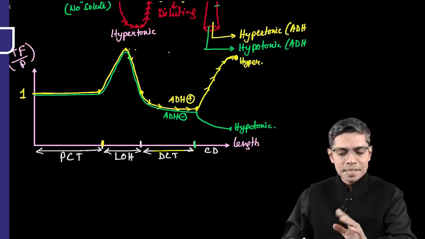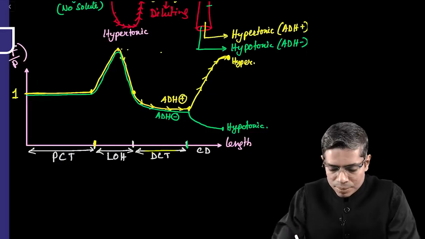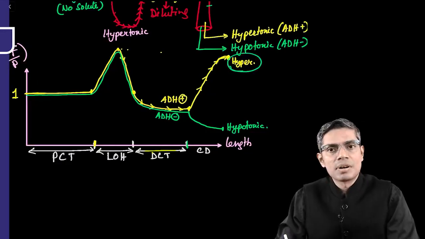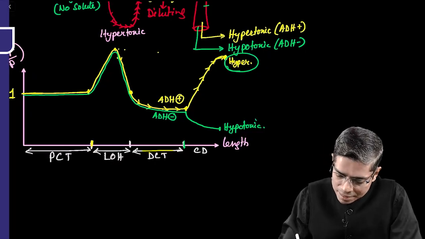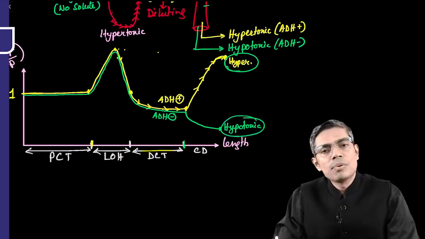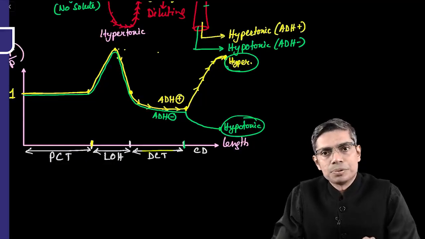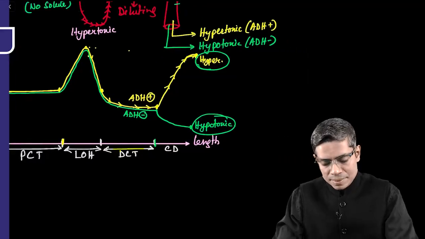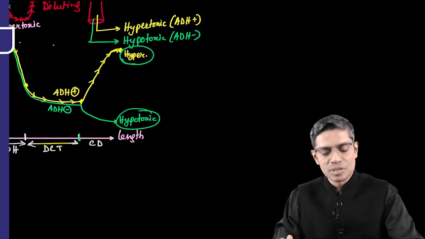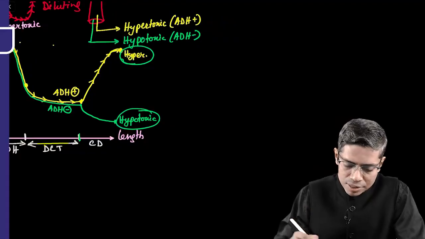But if ADH is present, the urine tonicity will rise further and be converted into hypertonic urine. And if ADH is absent, the urine will be more hypotonic at the end of the collecting duct. So from this, if I ask you certain MCQs, what type of MCQ will they ask you here?